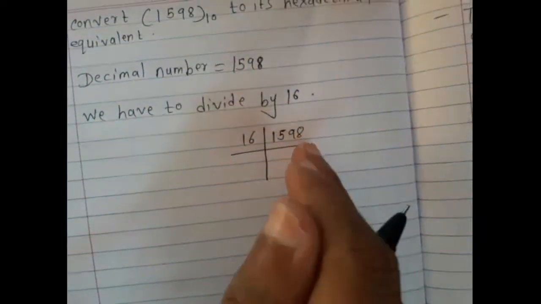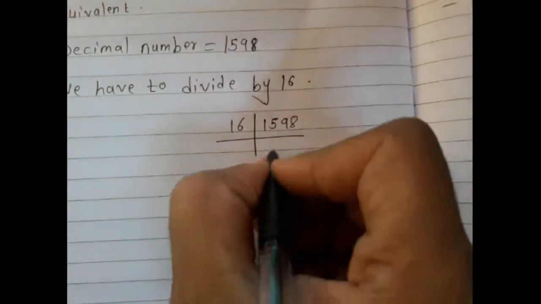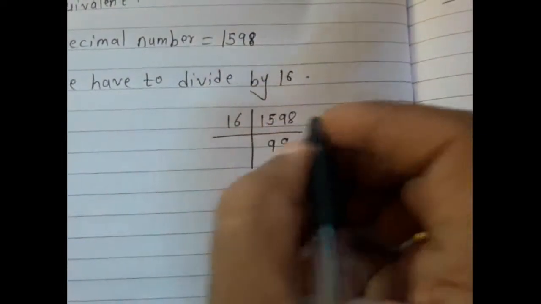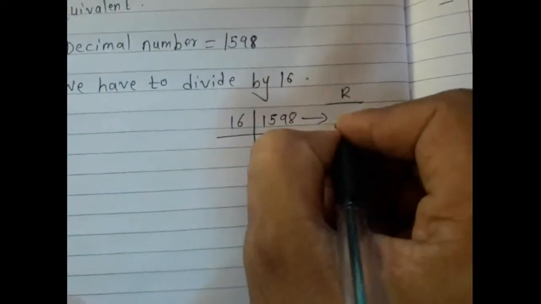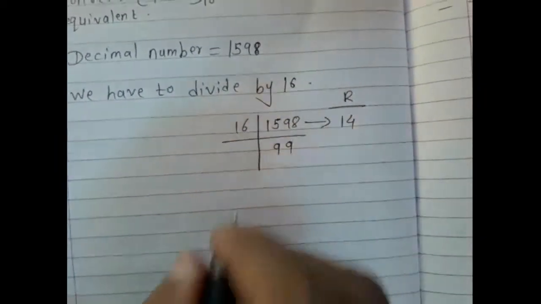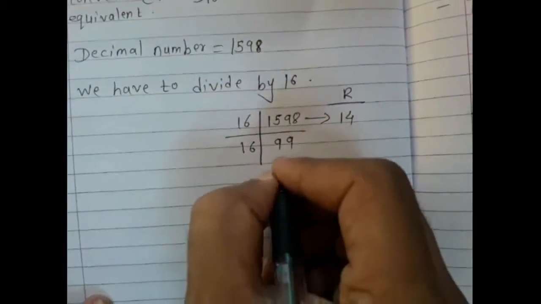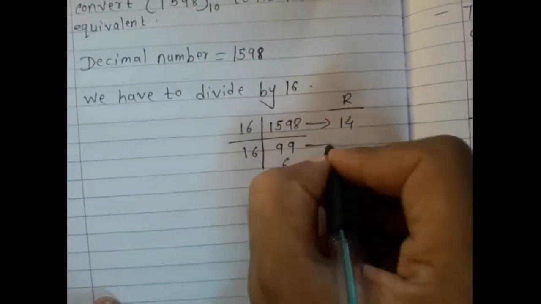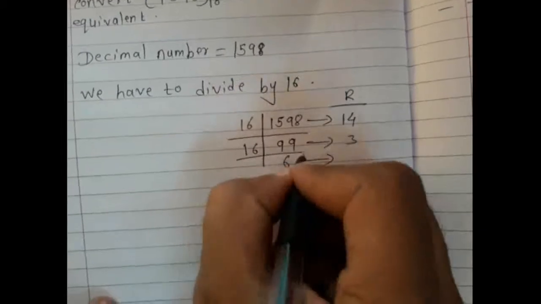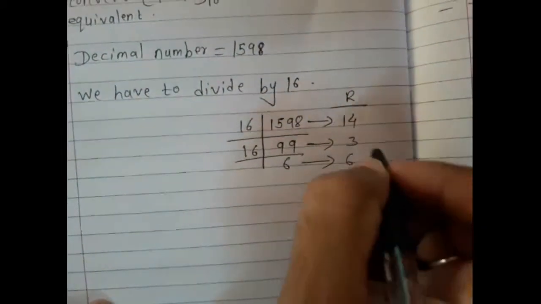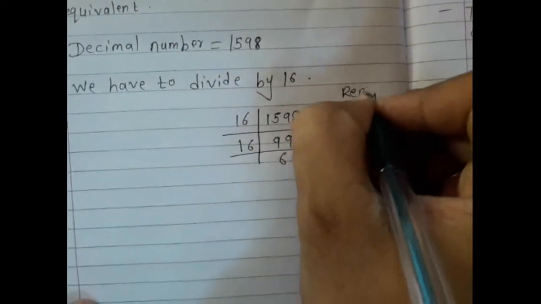Quotient is 99, and remainder is 14. Okay. Now 99 divided by 16 gives 6, remainder is 3, and 6 remains as it is. 6. This is the remainder.